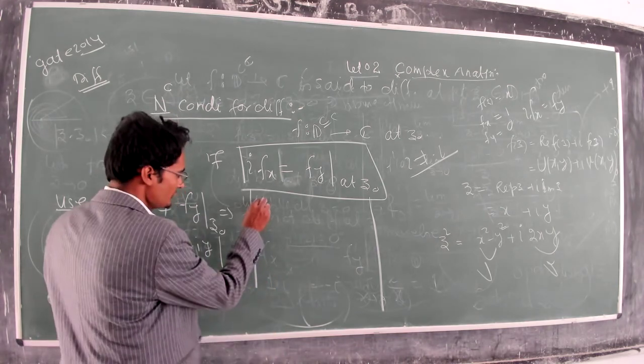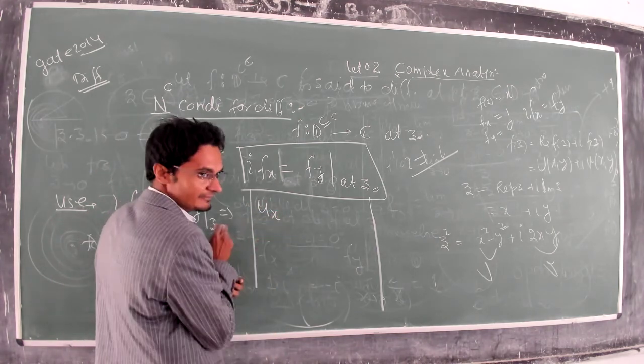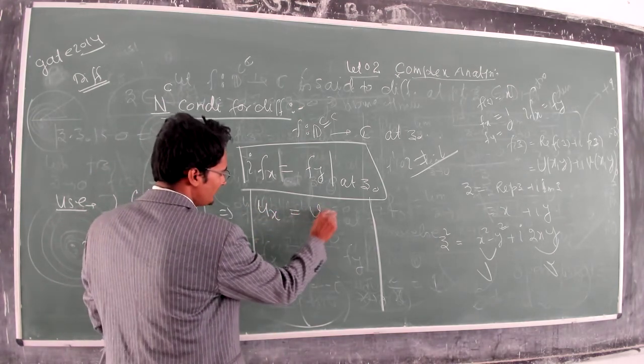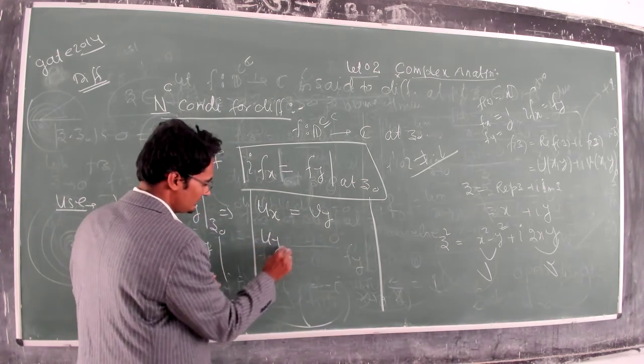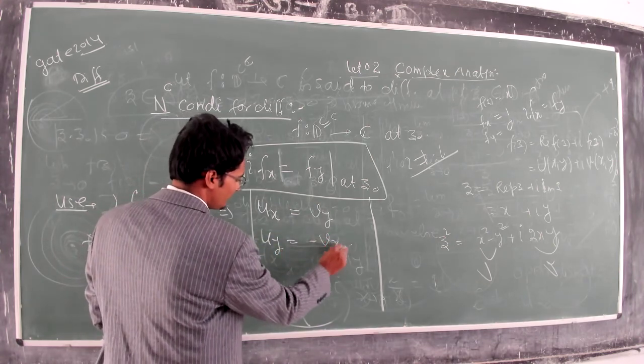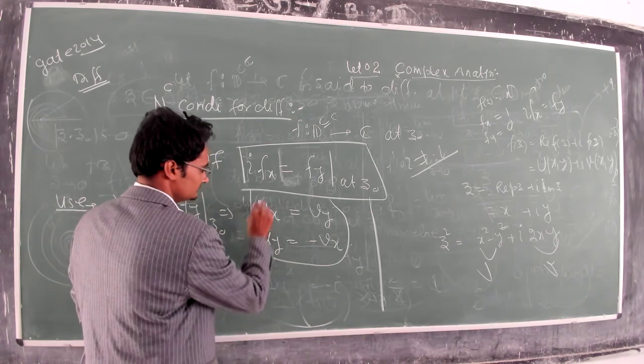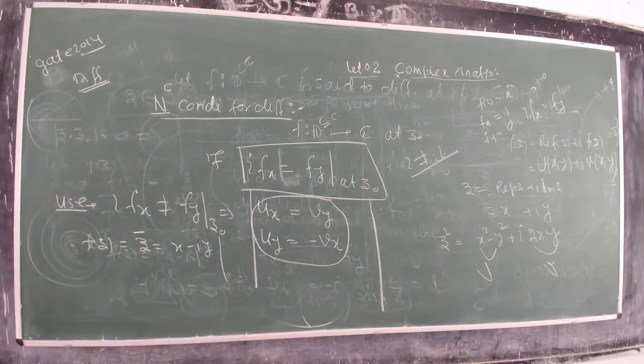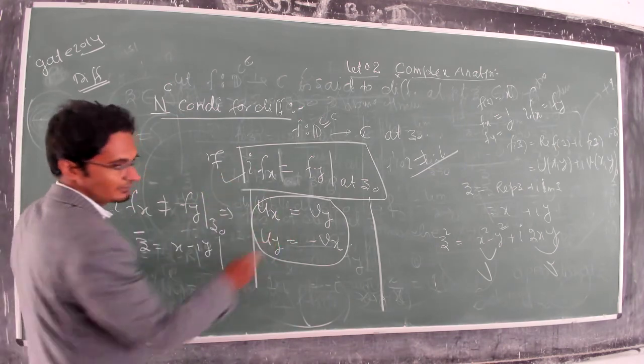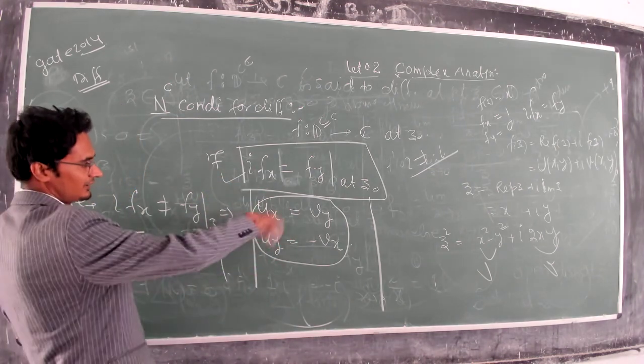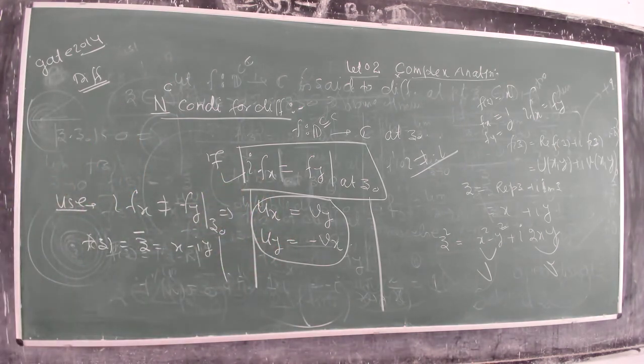So you have to check u_x is equal to v_y and u_y is equal to minus v_x. Either you check this method or this method. You decide your category.